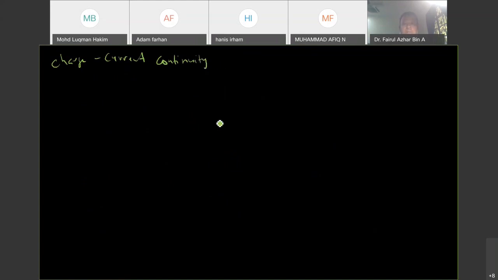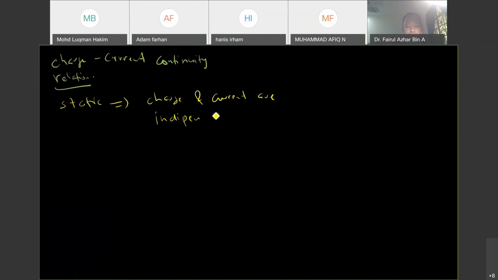In a static field, the charge and current are independent.